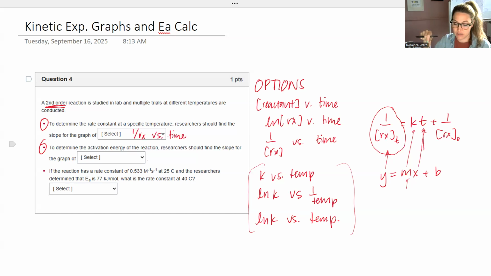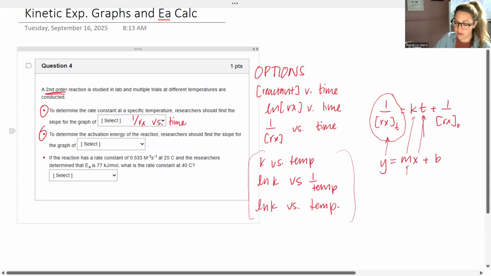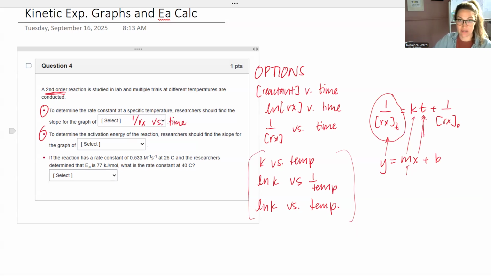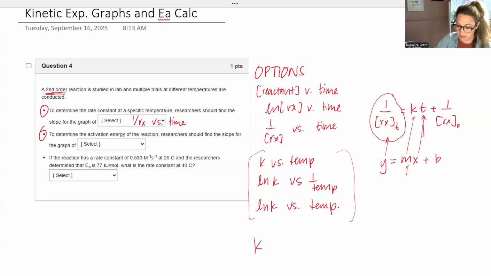The next question has the same list of options, but it's to determine the activation energy of the reaction. Researchers should find the slope for the graph of, and here we're looking for the natural log transformed Arrhenius equation. Typically, we know that K equals A times e to the negative Ea divided by RT.